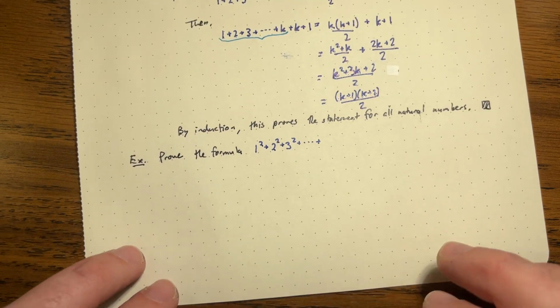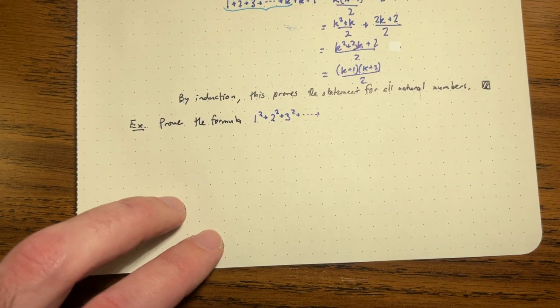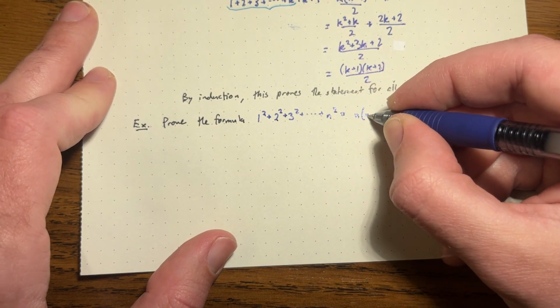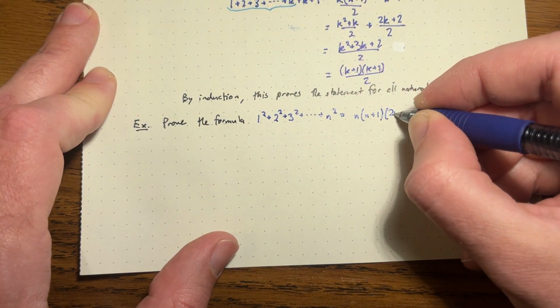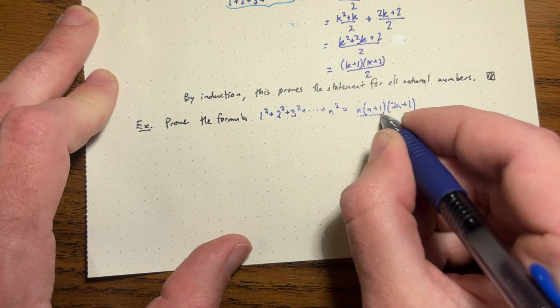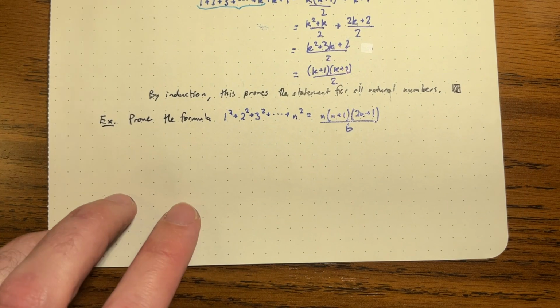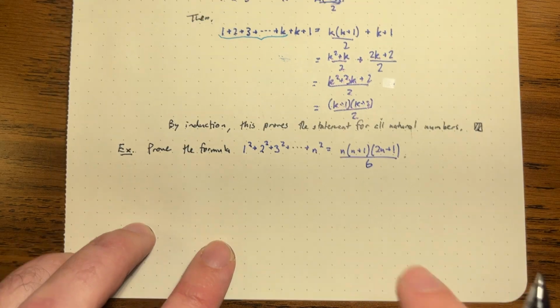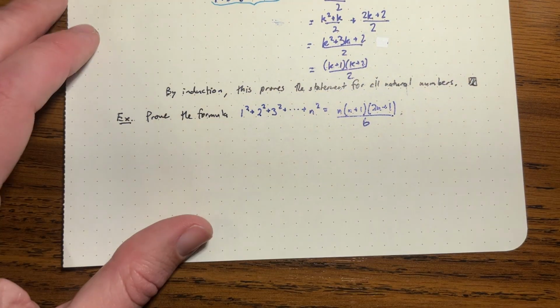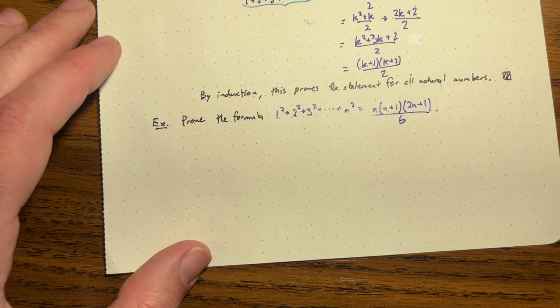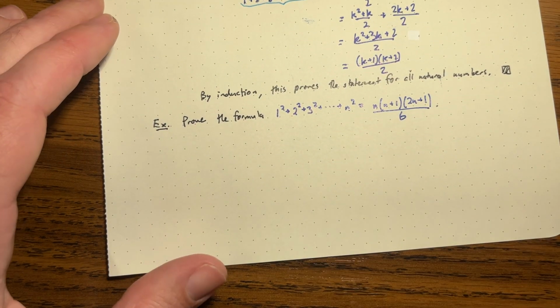So this is a sort of visual proof. With the squares, if you add up square numbers, you get n times n plus 1 times 2n plus 1 over 6. A bit stranger looking. And it's actually a really nice geometric proof like that in 3 dimensions, but it's a bit complicated to show. But let's prove it by induction.